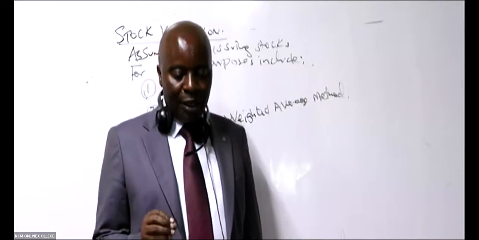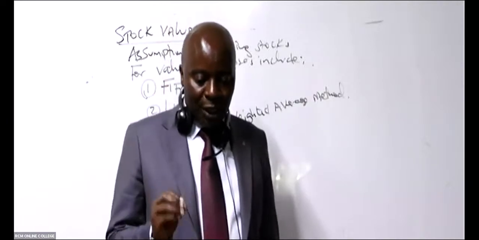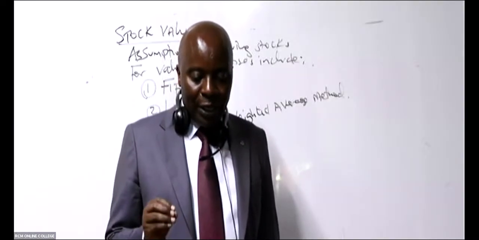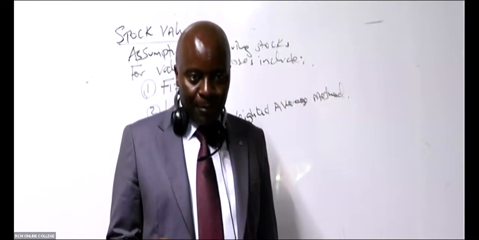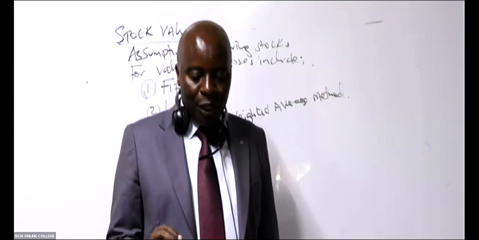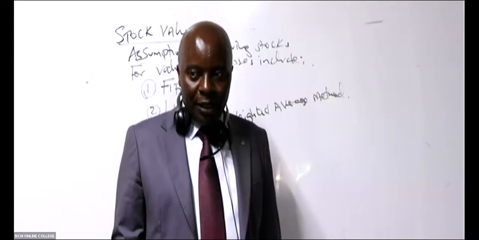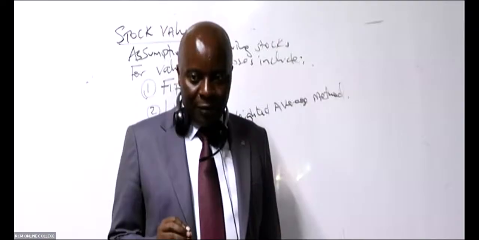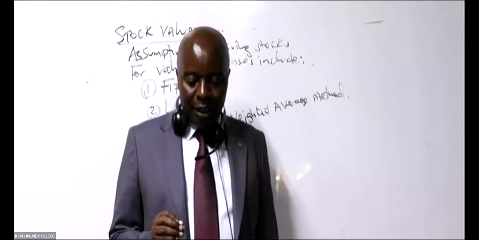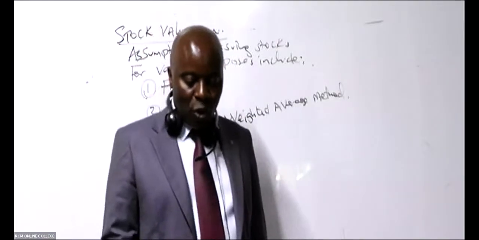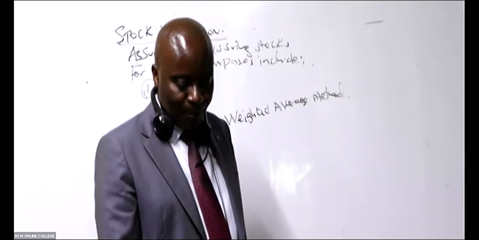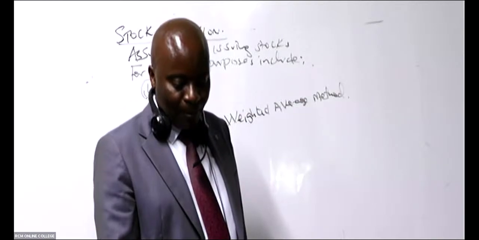I'll repeat. This method assumes that materials are issued out of inventory in the same order in which they were delivered into inventory, i.e., we issue out the oldest inventory first. Is that okay?